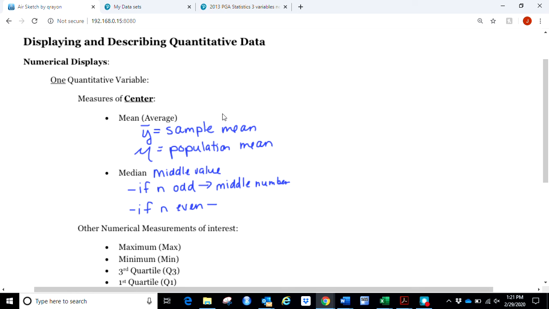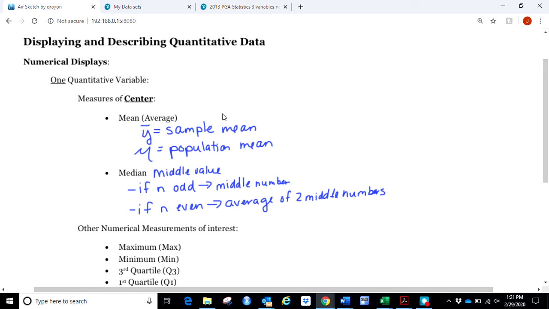However, if your sample size is even, if you remember doing this back in grade school or middle school, you would start crossing off at both sides, but you'd arrive at two numbers in the middle. When that happens, we take the average of the two middle values. Now, although you probably remember doing these calculations by hand, we're going to be letting StatCrunch do all of our calculations for us.